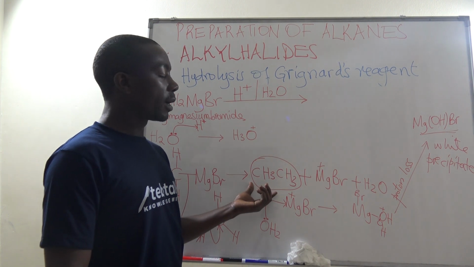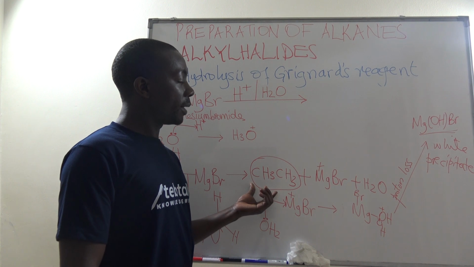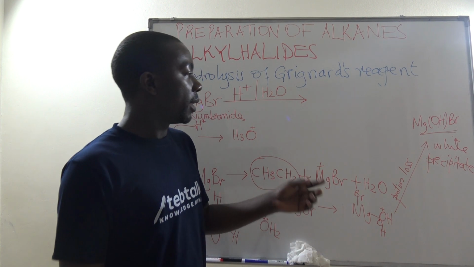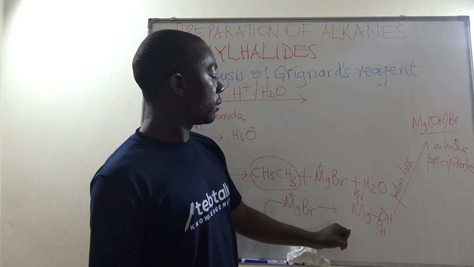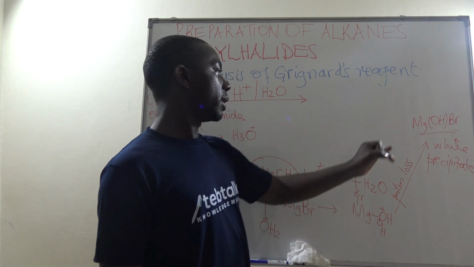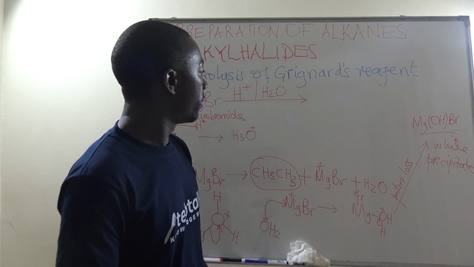Of course, we form an alkane as the major organic product, but you can't see an alkane, so if we ask what we observe, then we observe a white precipitate. That's why it is important to show how the final product, magnesium hydroxide bromide, is formed.